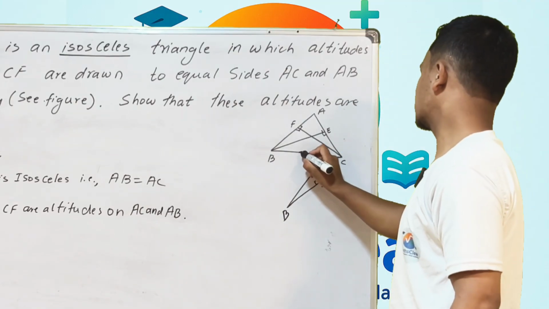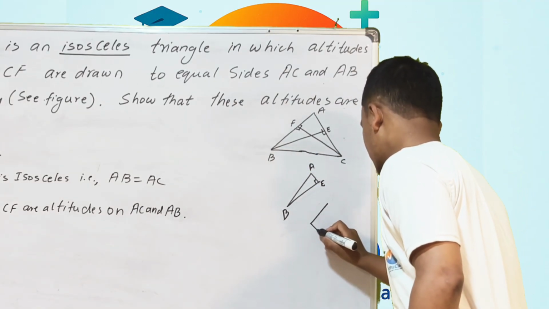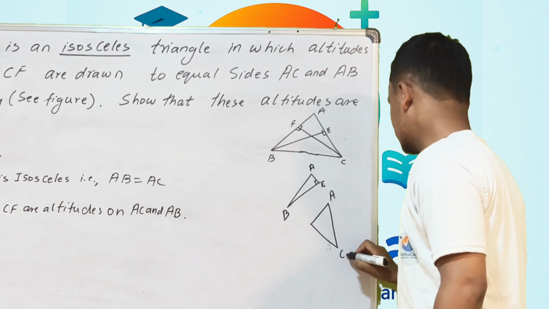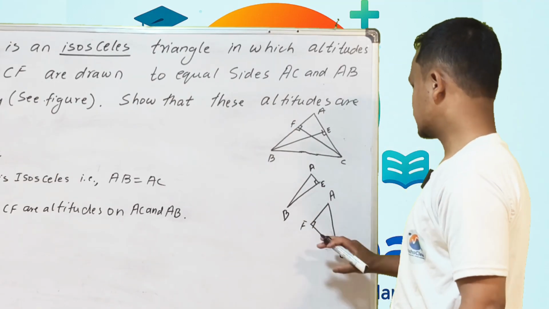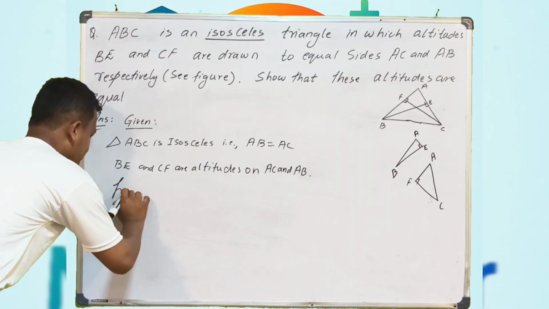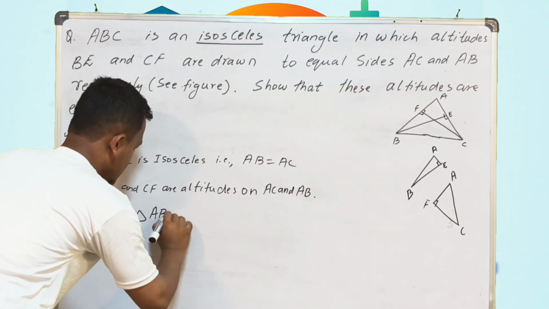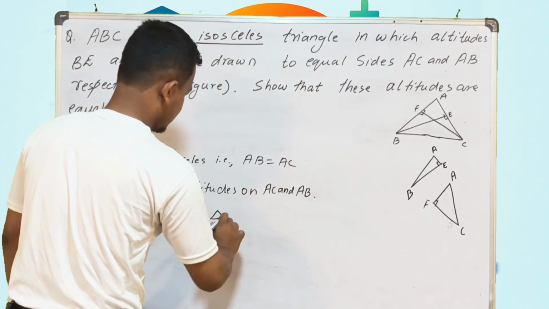And then let's take the other triangle which has CF. There's a 90 degree angle there too. So A, C, F. This is also 90 degrees. So we can choose from these two triangles: triangle ABE and triangle AFC.